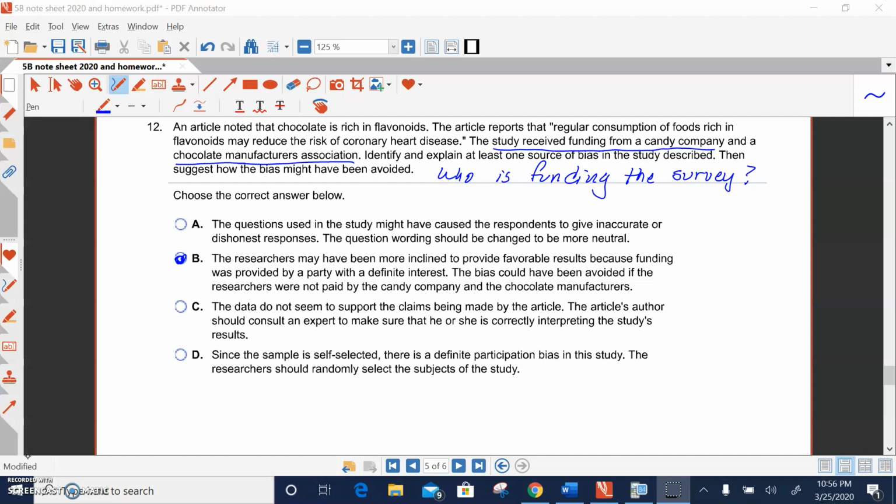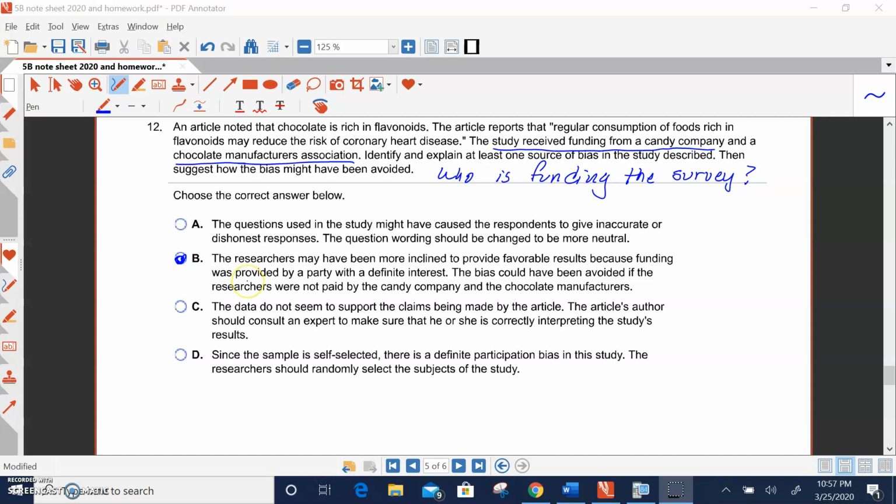Regular consumption of food rich in flavonoids may reduce the risk of coronary heart disease. Well, chocolate is rich in flavonoids. So there's a conflict of interest here because the study received funding from a chocolate company, which is stating that chocolate is good, that may reduce the risk of coronary heart disease.